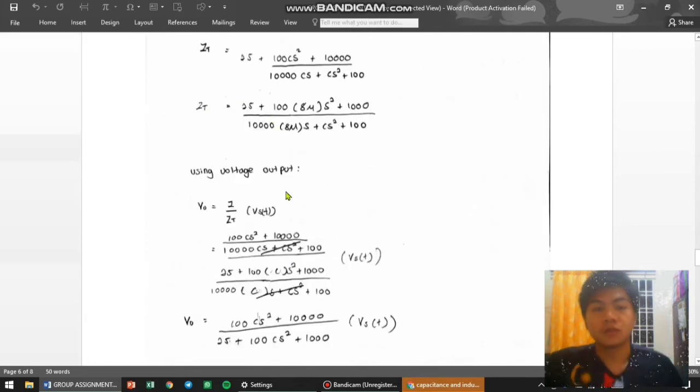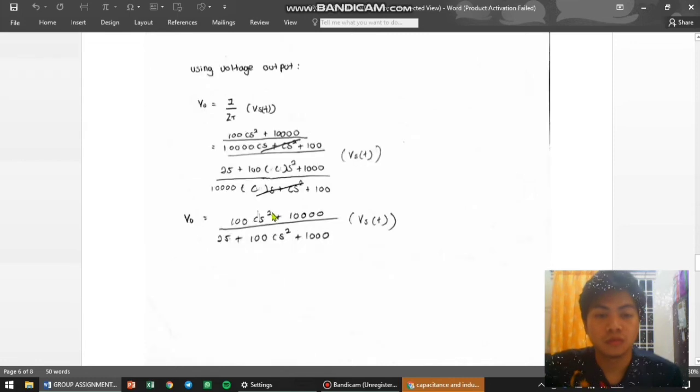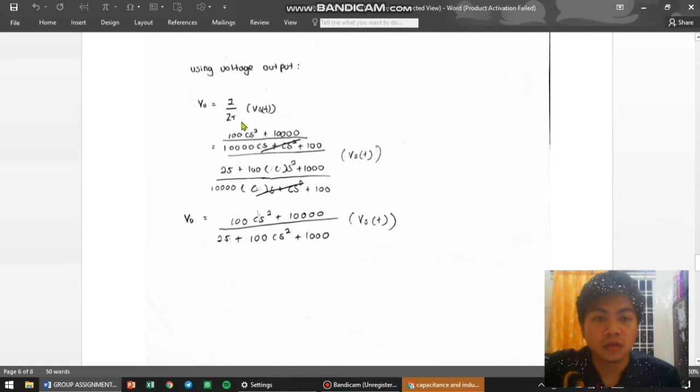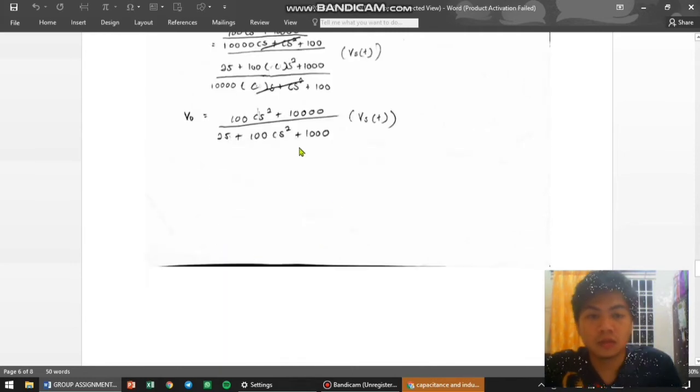To get the voltage output, we need to use the voltage divider. So we insert what we have gained from the previous calculation into the formula of voltage divider, and solve the Z over Z total before we insert the Vs, after we get the easiest form.